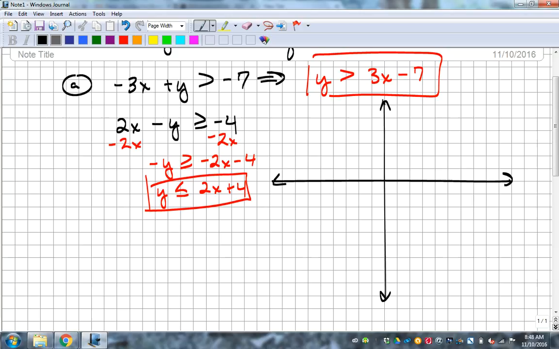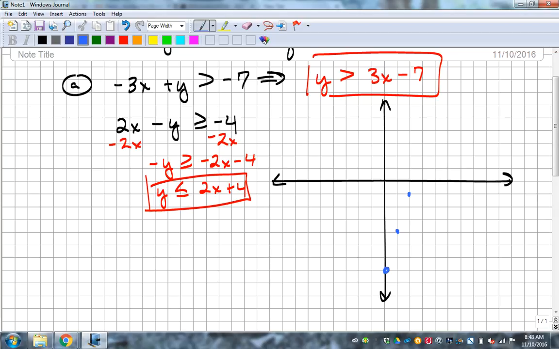What does that mean? What do you mean, open? That's right, but what does it mean? So I'm going to go to negative 7. And I'm going to go up 3 over 1. And where it says it's open, what's that mean as far as drawing this?